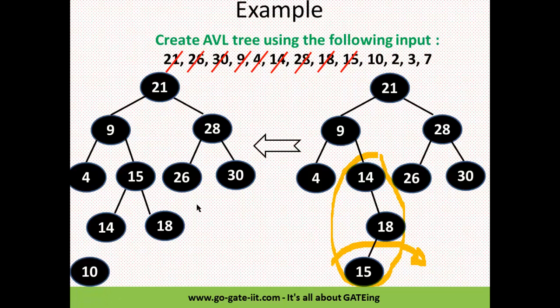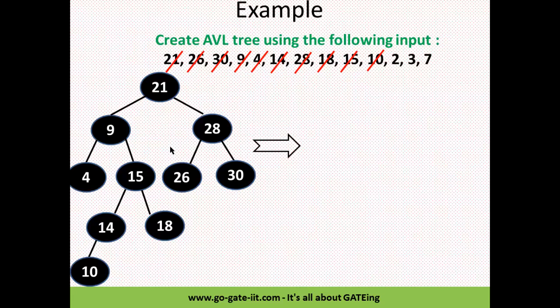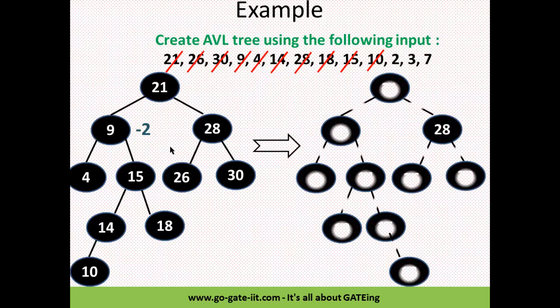The next element inserted is 10. So 10 has been inserted. So 1, 2, 3, 4, 4 minus 2, again an imbalance occurs. Due to this imbalance, what happens?